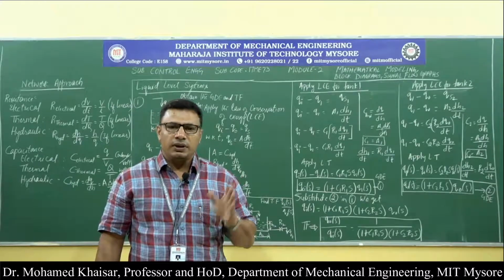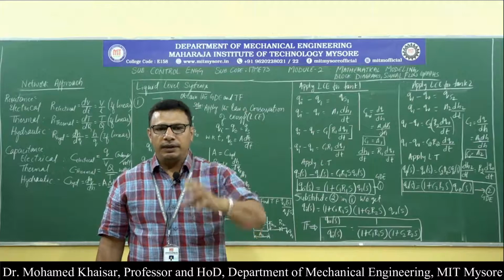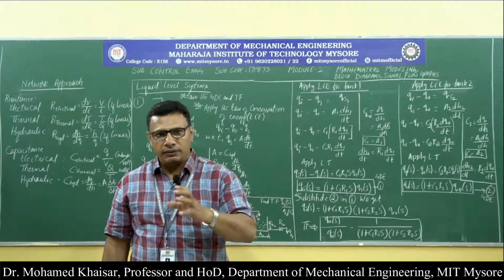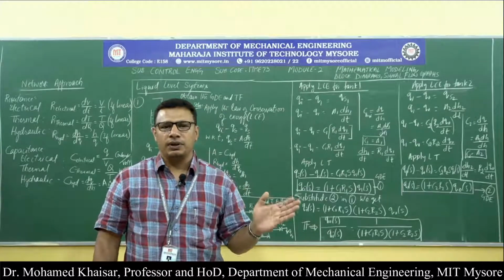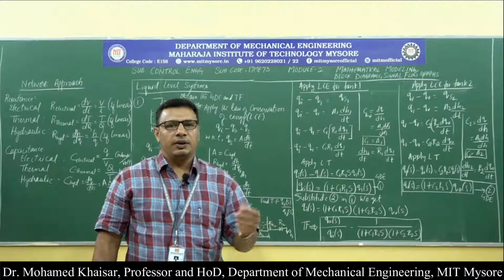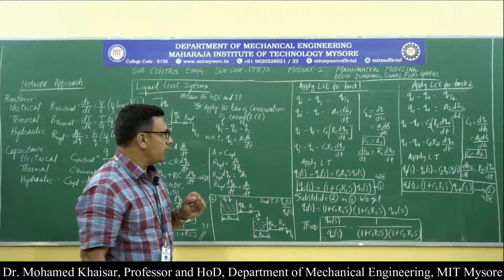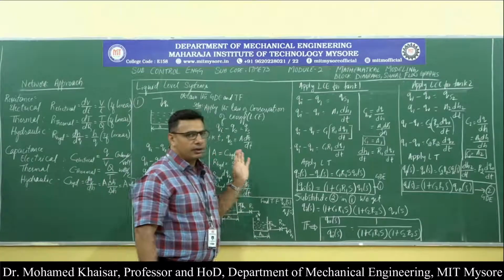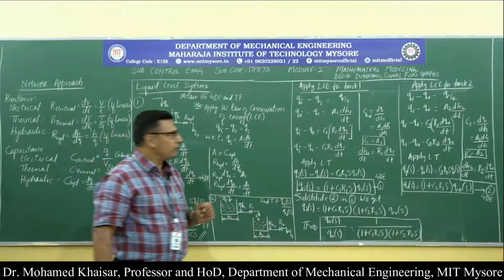Then, whatever transfer function we wanted, we made substitutions between the governing differential equations of mass 1 and mass 2, and iterated till we got the required transfer function. The same thing is applicable here. You can consider tank 1 in place of mass 1.